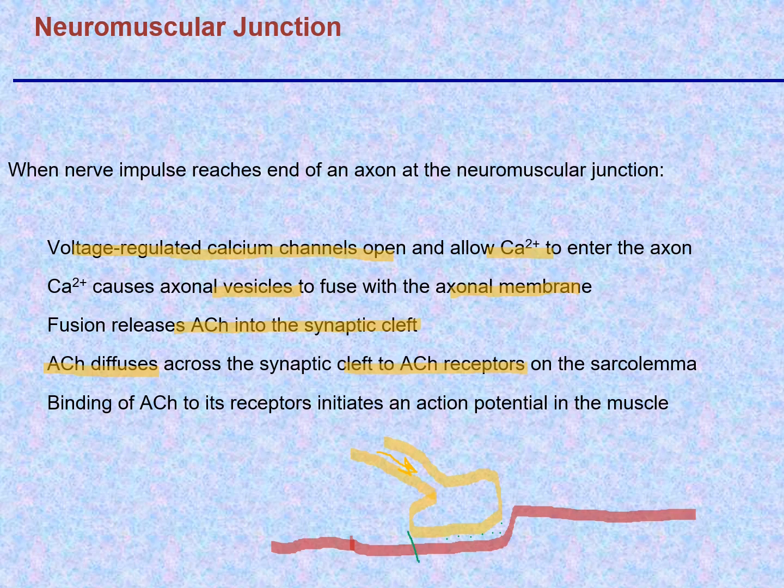The motor end plate is this area here of the skeletal muscle fiber sarcolemma. This change in membrane potential, if it's large enough, will trigger an action potential in the skeletal muscle fiber.